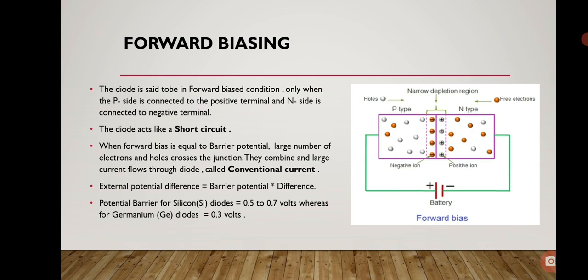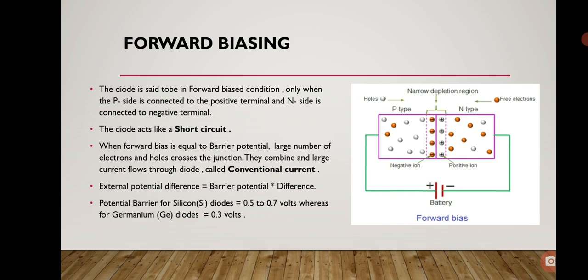One is forward biasing. What do we mean by forward biasing? It means the positive terminal of the battery is connected to the P type and the negative terminal to the N type. In this condition the current starts flowing, which is termed the conventional current, through the junction, so the whole diode acts as a short circuit and the current flows through the circuit.